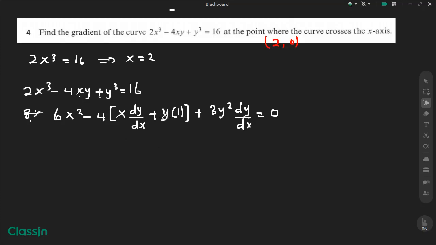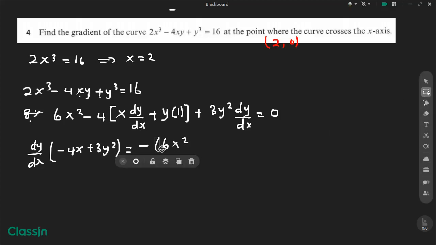We group the like terms, all those with the dy/dx on one side and those without the dy/dx on the other side. So we can factorize the dy/dx out. And we're going to have negative 4x plus 3y squared equals, this is 6x squared, this is minus 4y goes there to become positive.